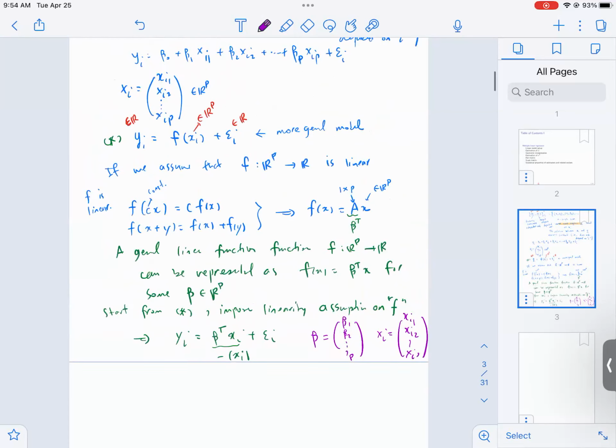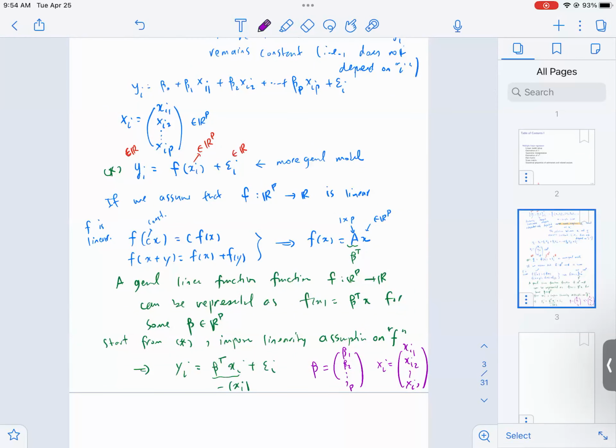So these weren't exactly equal, I should mention. If you drop this beta 0, then they would be equivalent, because this would be beta 1 times xi1, beta 2 times xi2, up to beta p times xip, and that wouldn't have the intercept. So beta 0 is the intercept.